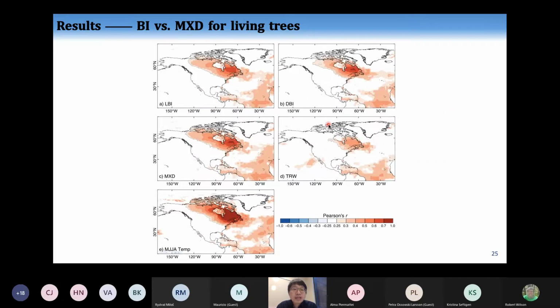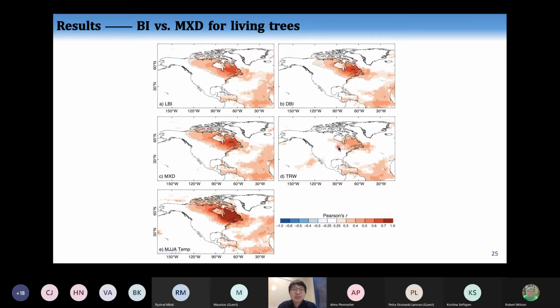Before moving to the staining issue, I would use one more slide to show the spatial domains of the 4 parameters. It's surprising to see that the 2 blue intensity and X-ray density data showed very similar spatial domains to that of the instrumental data in terms of the area for significant correlations. In contrast, the ring width data showed a much shrunken spatial domain.